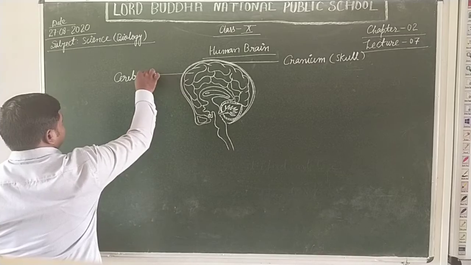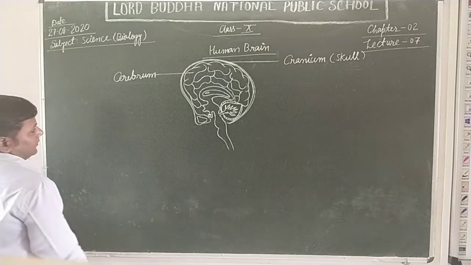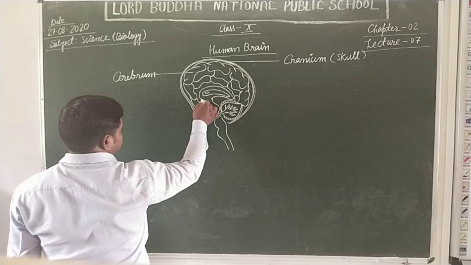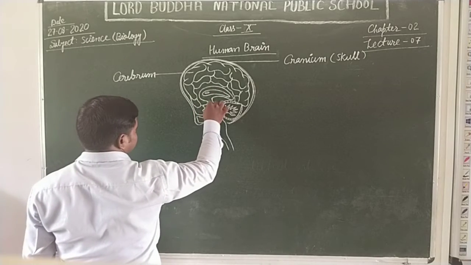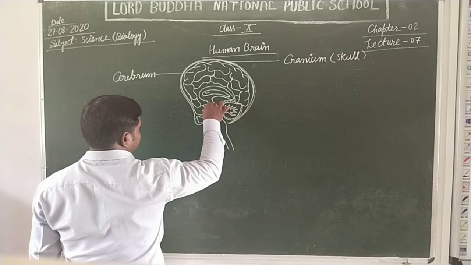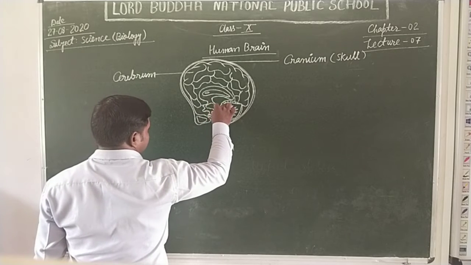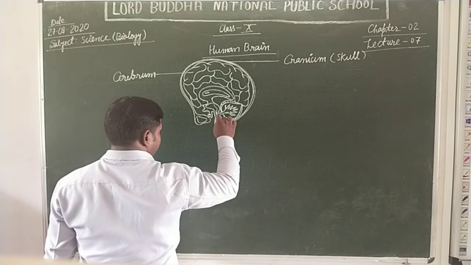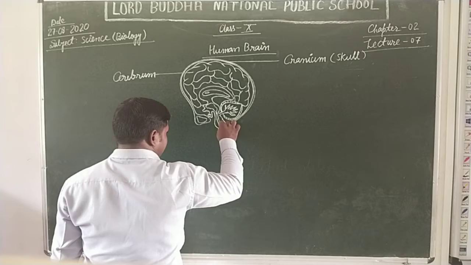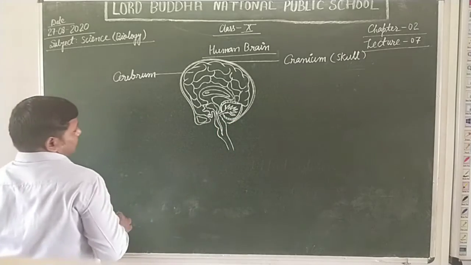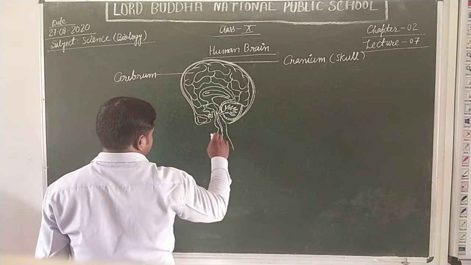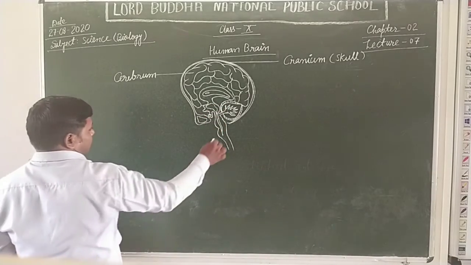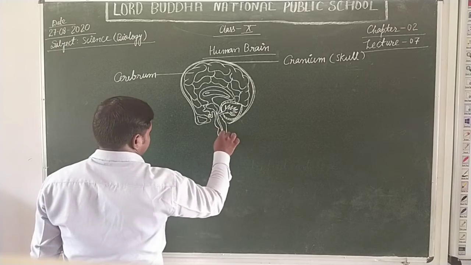It is a part of our forebrain. Now this is the thalamus part, and here I first define the midbrain by differentiating this structure, called the corpora quadrigemina.